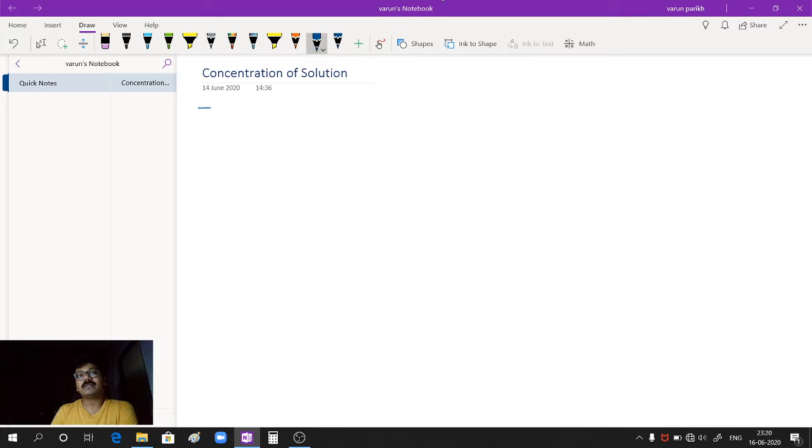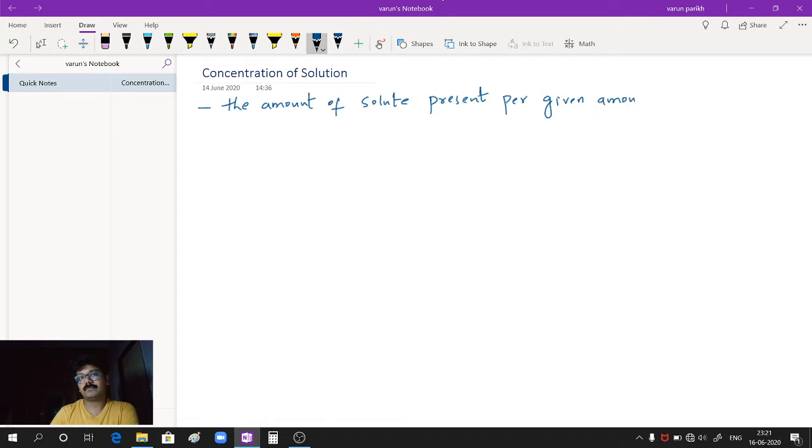So what is concentration of solution? The first thing you need to understand is what we actually mean by concentration. So what is concentration? It is simply the amount of solute present for a given amount of solution.